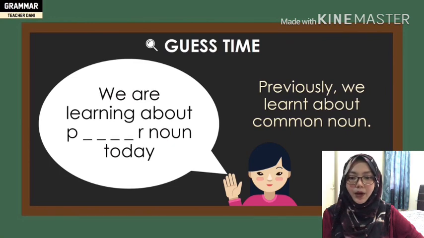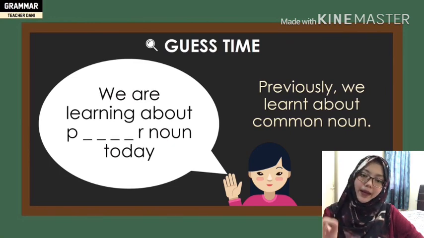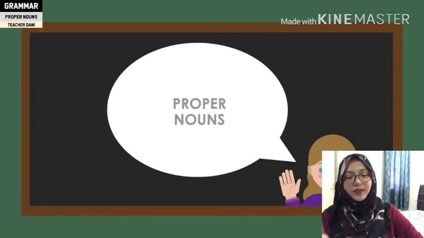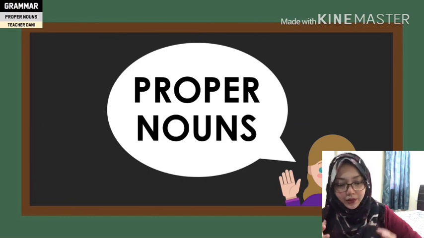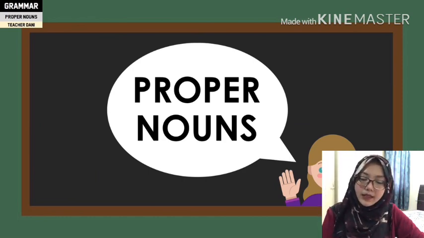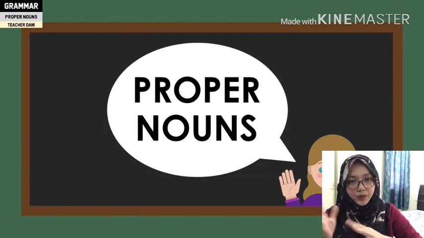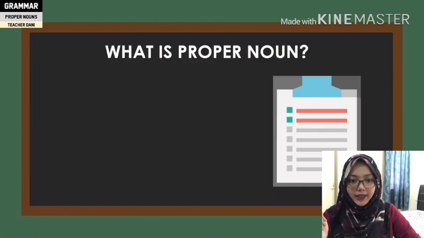So we are learning about P blank blank blank blank are noun today. So I'm just going to give it to you. Proper nouns. Okay, proper nouns, or generally known as kata nama khas. We're going to look at how proper noun is different from common nouns. Okay, what is proper noun?